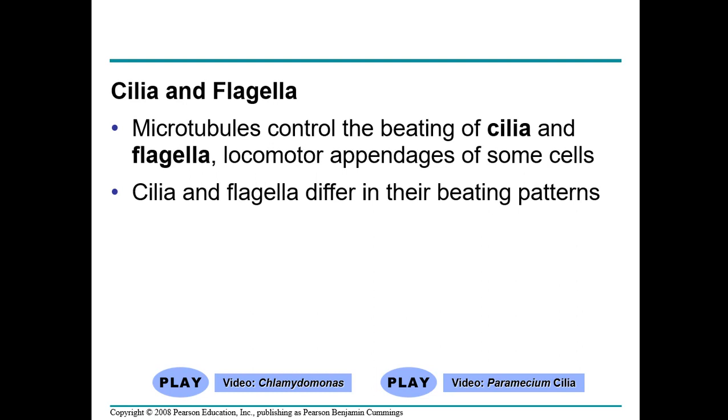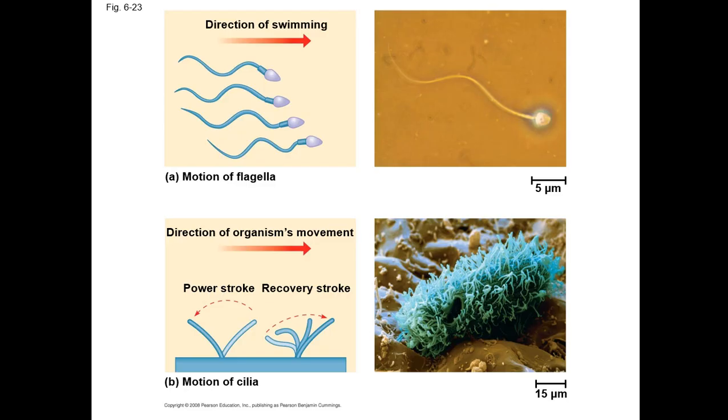So, they are different, yung cilia and flagella, in beating patterns. So, kung makikita nyo, yan, direction of the swimming is going horizontally, but then yung beating patterns niya, it's diagonally. Motion of the flagella. So, yan. So, direction of the organism's movement, ito naman, power stroke niya, ganyan. Power stroke, para siyang catapult, right?